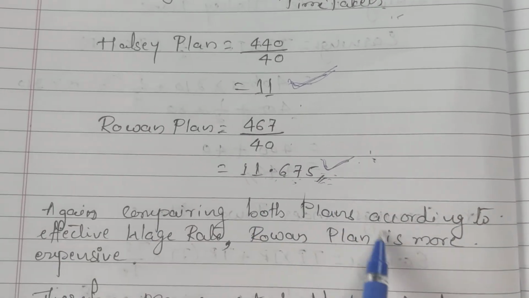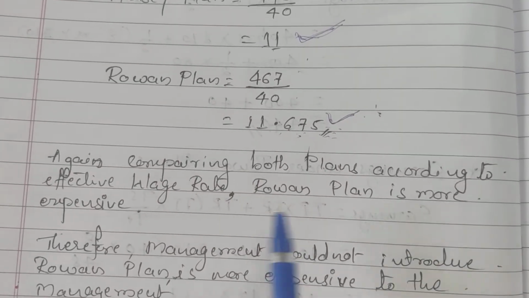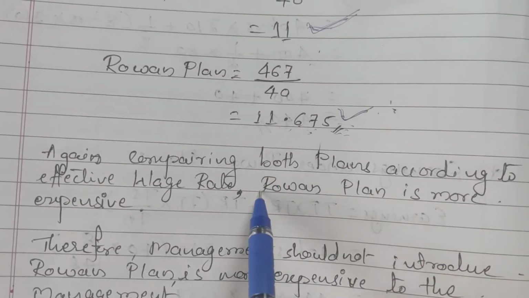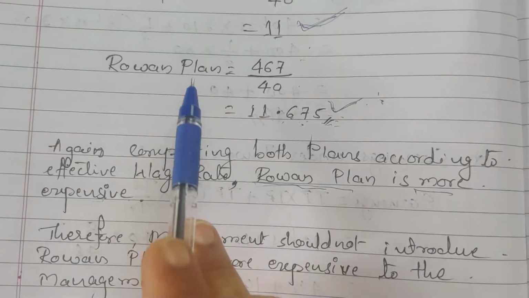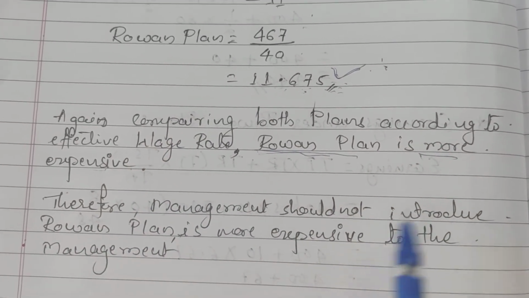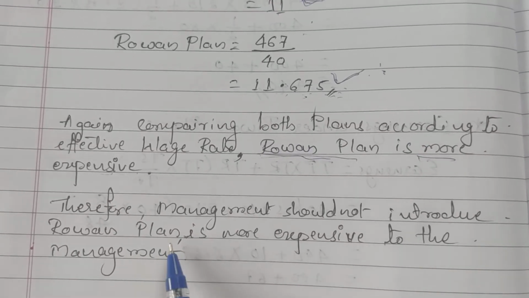Again, comparing both the plans according to effective wage rate, the Rowan plan is more expensive. Which plan is more expensive? The Rowan plan. Hourly rate is also more in the Rowan plan. Therefore, management should not introduce the Rowan plan, which is more expensive to the management.